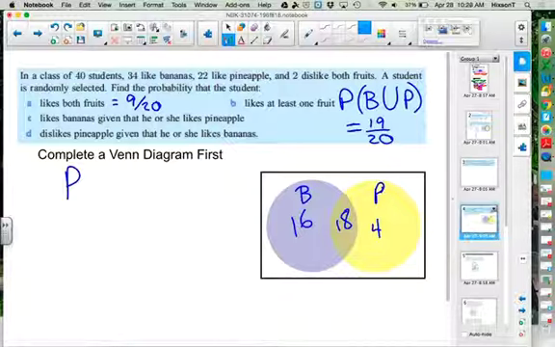What's the notation that we're gonna use here? We like bananas given that they like pineapple. Intersection of B and P? Or no? It's given. What's the notation for given?